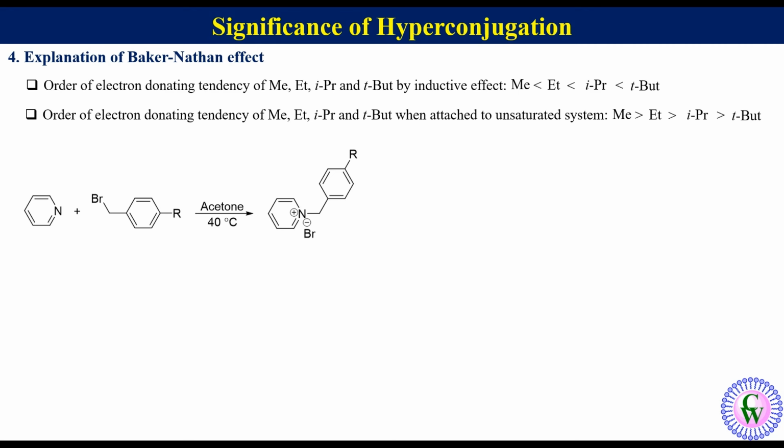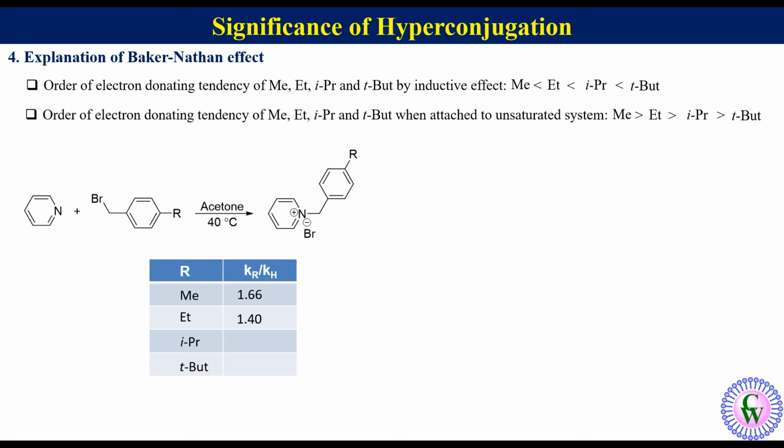The rate of reaction is accelerated by electron donating group R. The relative rate constant kR upon kH for R equal to methyl, ethyl, isopropyl and tert-butyl was found to be 1.66, 1.40, 1.35 and 1.34 respectively. This suggests that as we move down the table from methyl to tert-butyl through ethyl and isopropyl, the electron donating tendency decreases, which is reverse of the normal order.